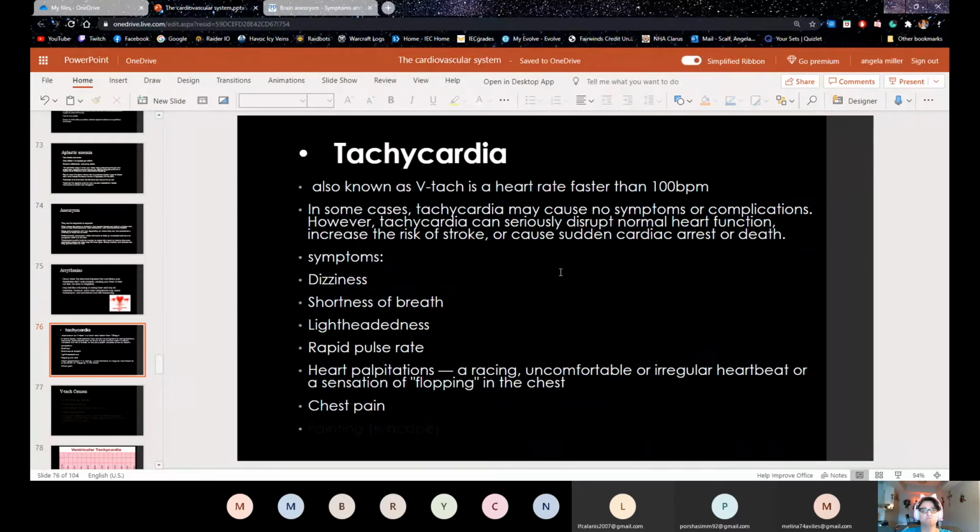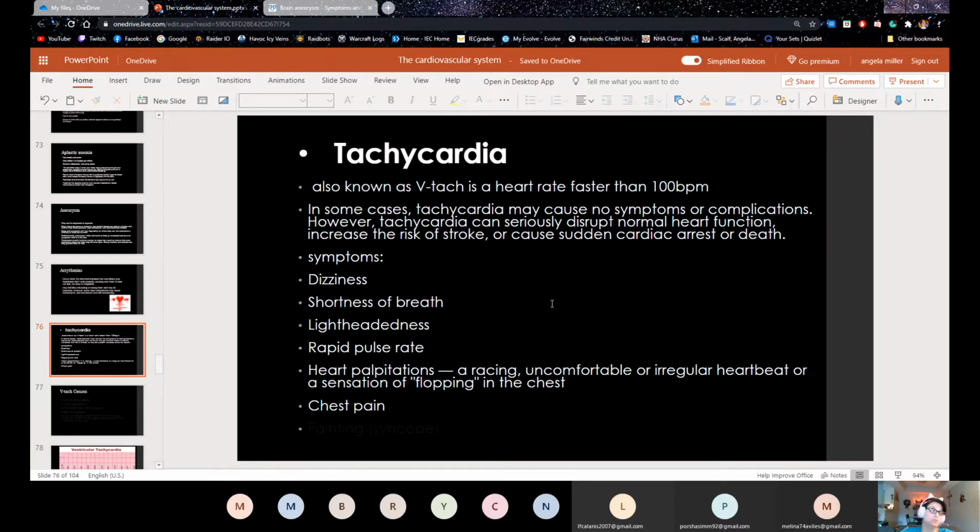Some people might not even experience tachycardia, their heart's 102, 103, something mild, okay? But over time it does put an extra load on the heart and the vessels. The symptoms of tachycardia: somebody who comes in might say dizziness, they feel short of breath, lightheaded.